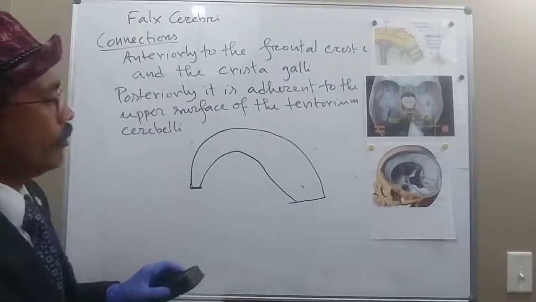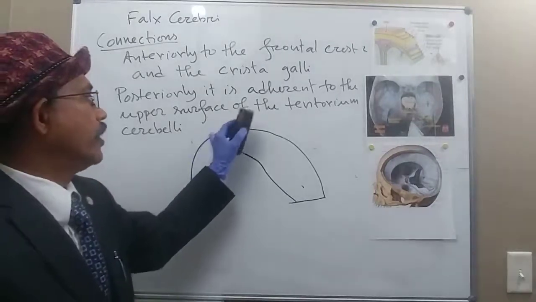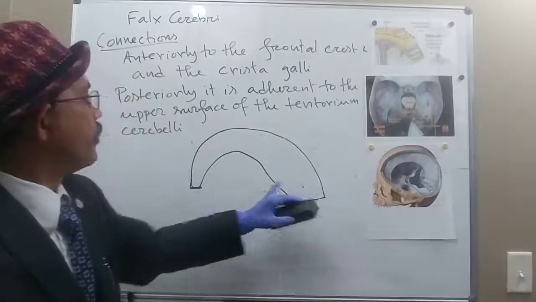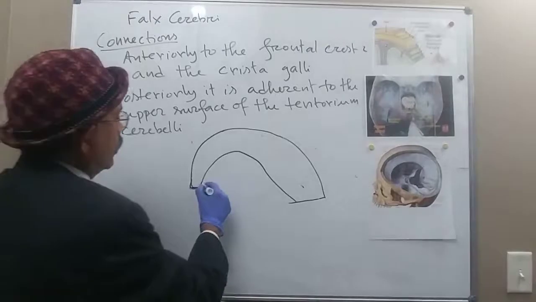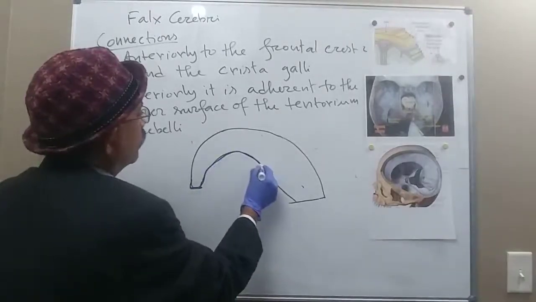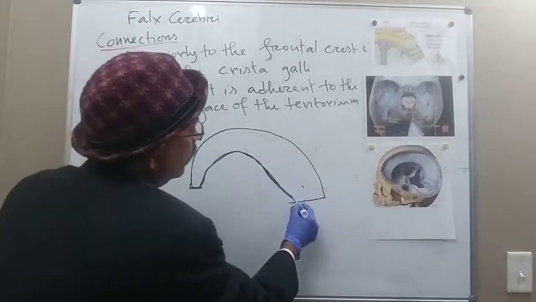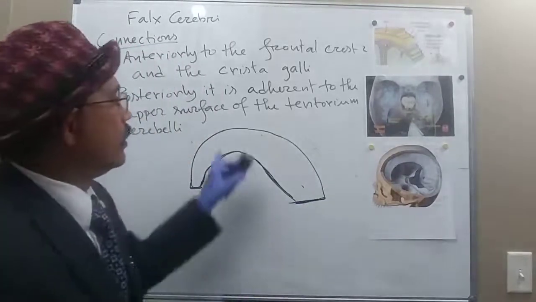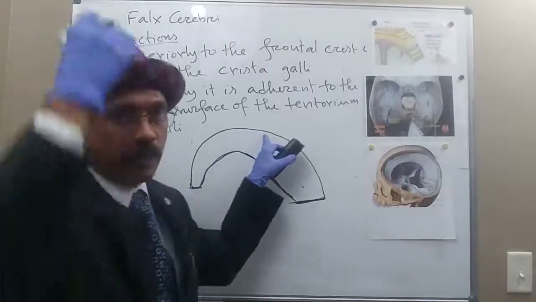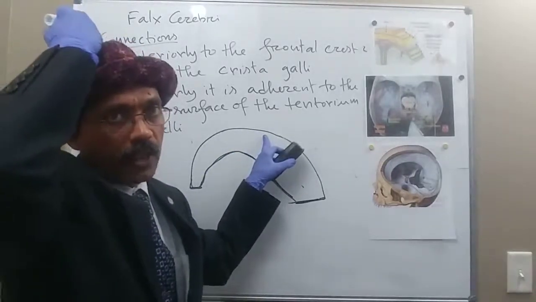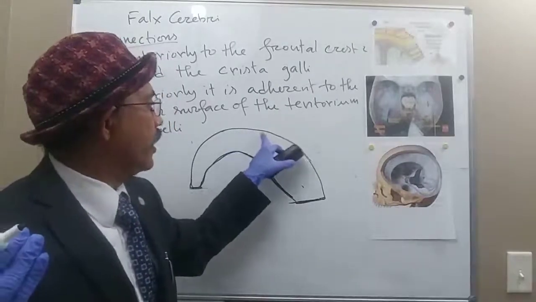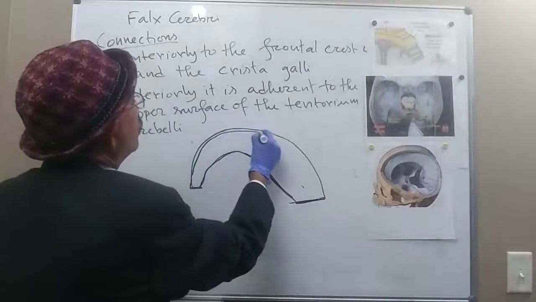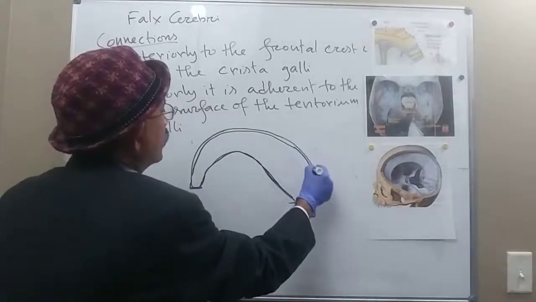What structure is related to the upper surface of the Falx cerebri? What structure is related to the lower surface? What structure is related to the posterior adherent part at the Tentorium cerebelli? This attachment is in the midline of the vault, on the inner side of the skull, and it is attached around the superior sagittal sinus.